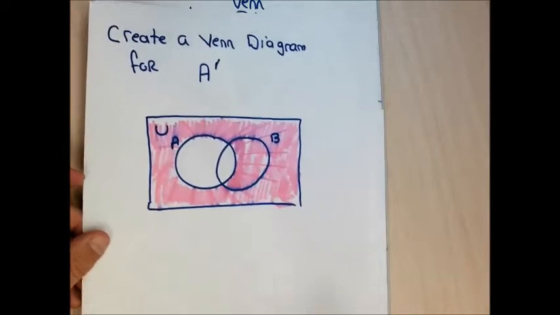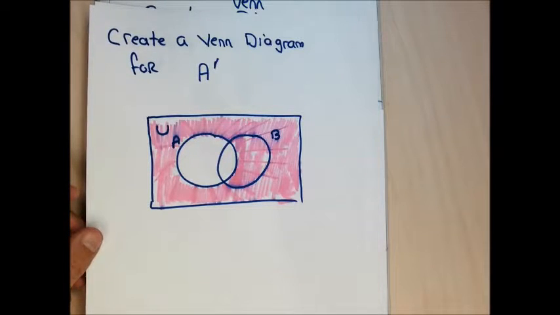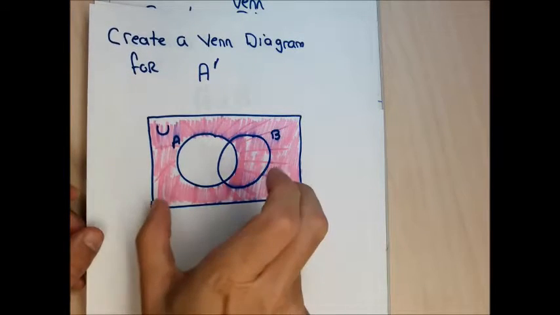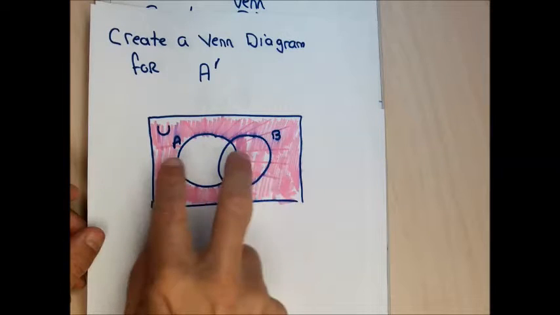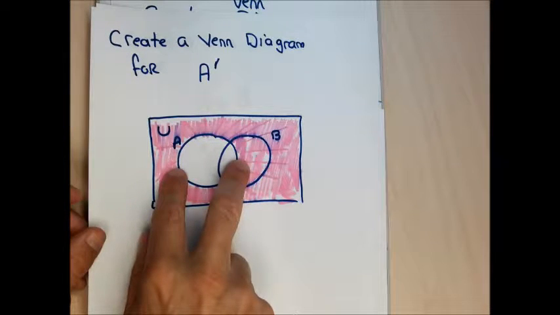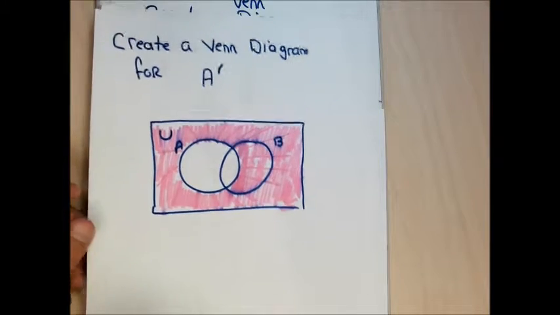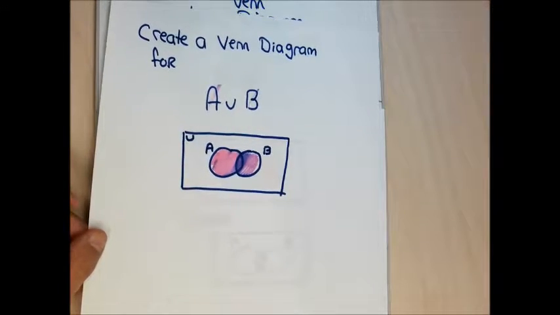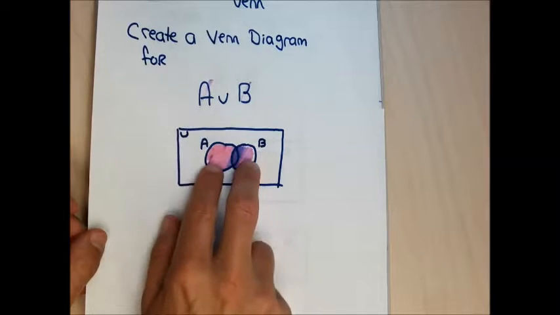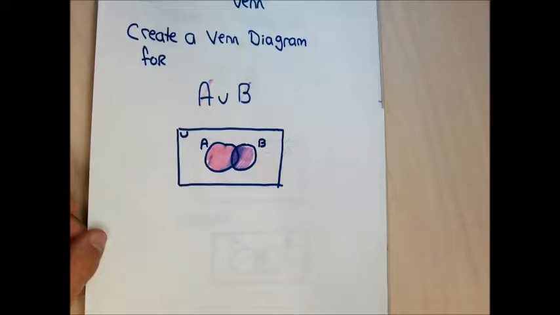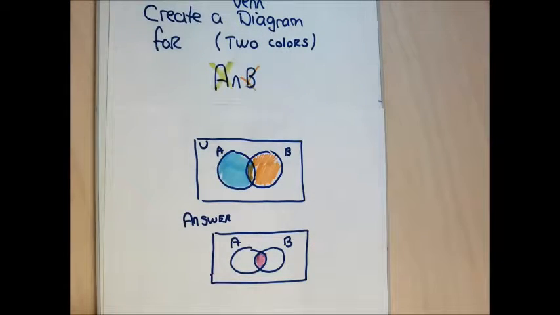So there's three big Venn diagrams that we need, generic ones that we need to be able to show. We need to be able to show a complement of a set, which is the entire region of the Venn diagram, not including that set. We need to show a union of two sets, and that's just shading in each of the sets that were named with one color. And we need to be able to show an intersection of two sets.